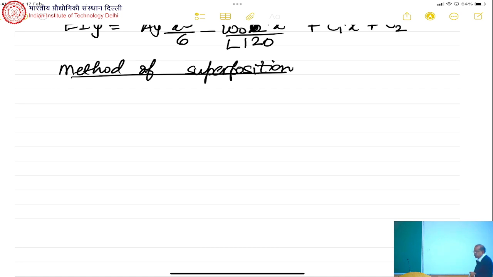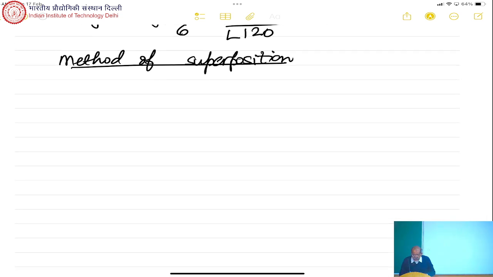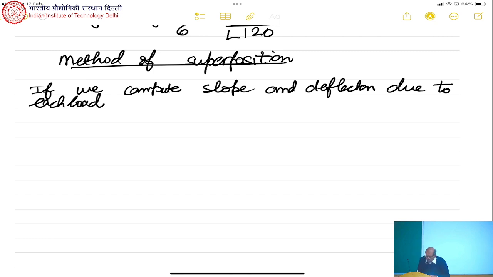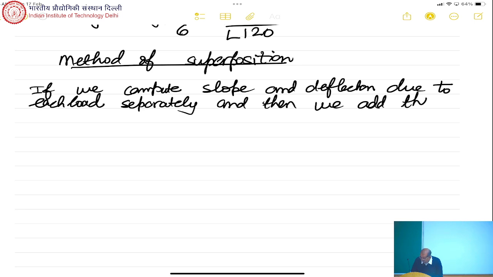Here, we compute the slope and deflection due to each load separately and then we add them up.